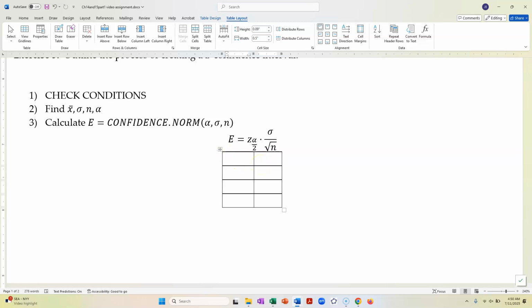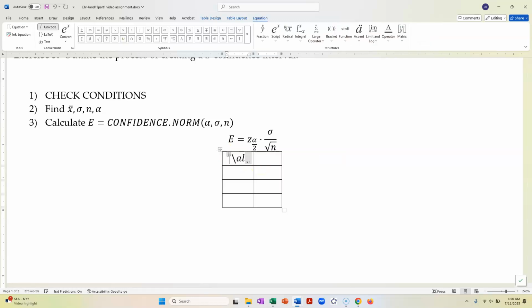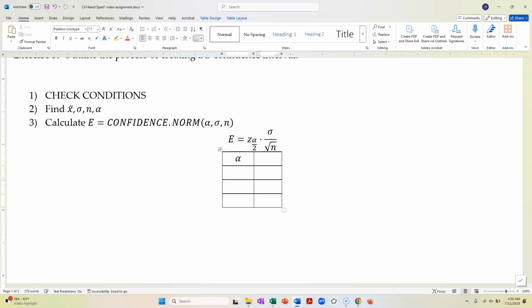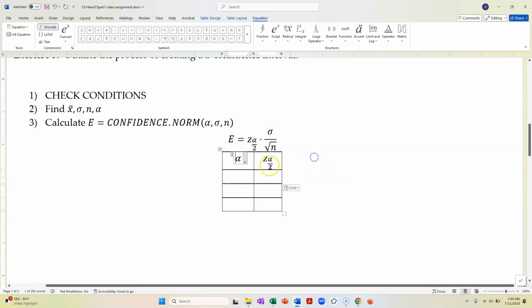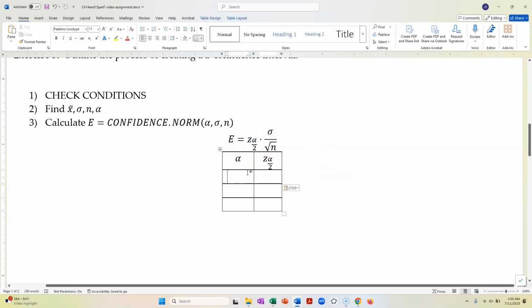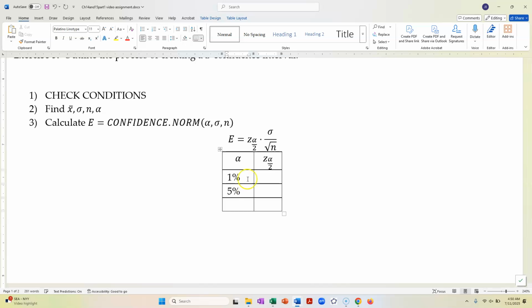Okay, so I need alpha in one column, and then I need this Z alpha over 2, and I am too lazy, I'm just going to copy paste that in here. Okay, so we want 1% significance, 5% significance, and then a 10% significance level.